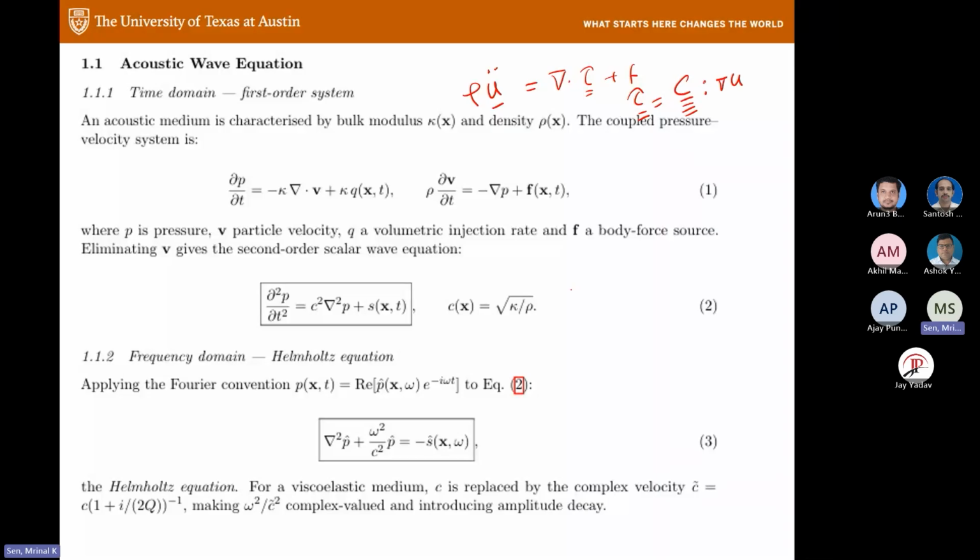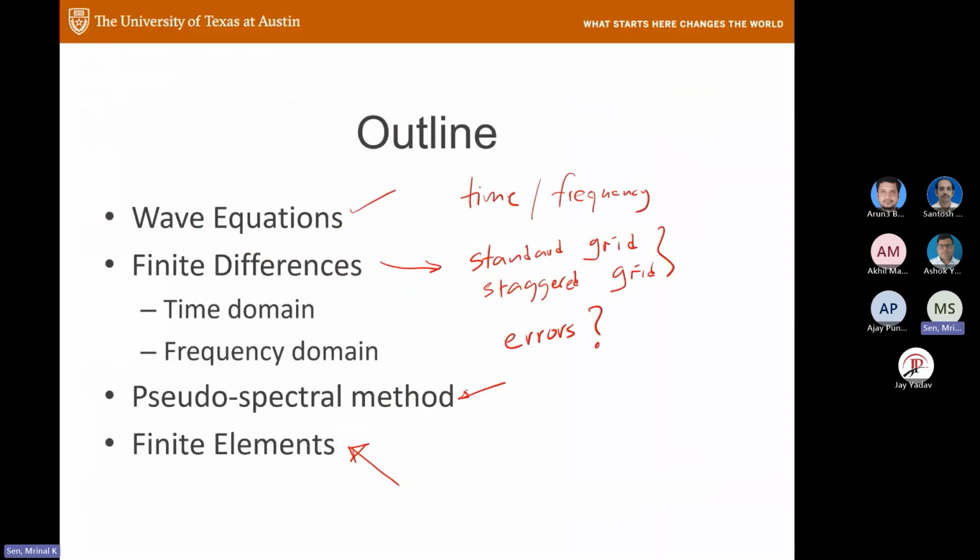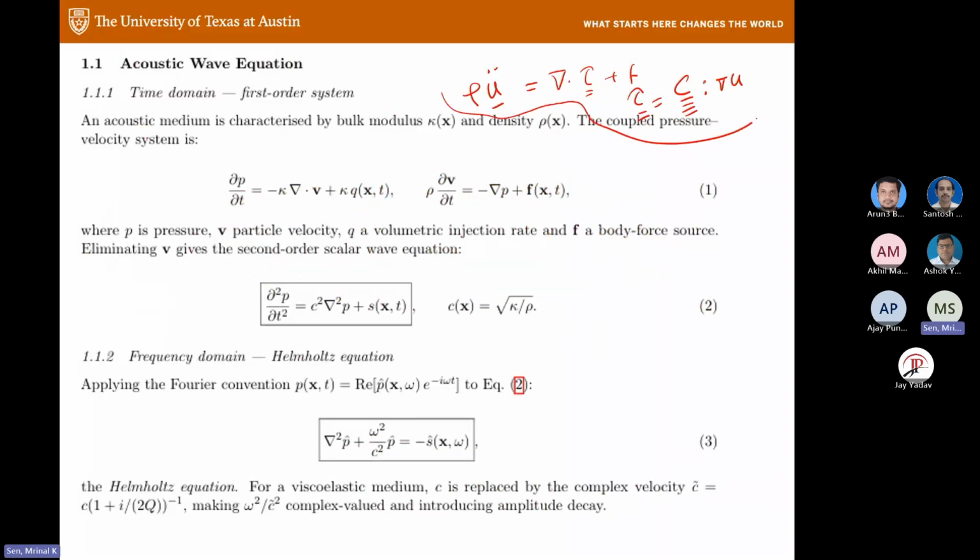So you can either choose to solve these two systems, which would mean that first you solve for, given displacement, the stress, and then given the stress, you can solve for the displacement. And the reason we're calling this first order is that typically in a system like this, rather than using the acceleration term here, we use the particle velocity.